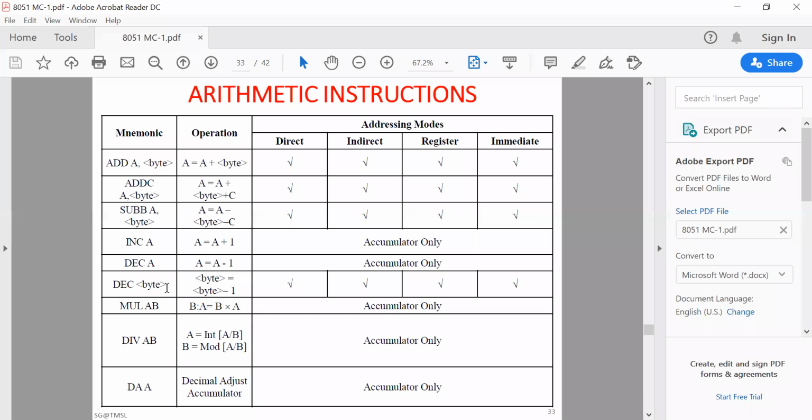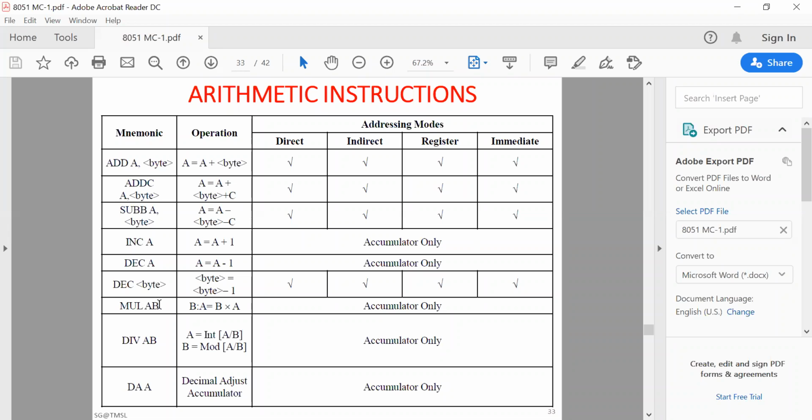MUL AB means you can implement the multiplication between A and B register only. No other register can be involved in this case because these are fixed by Intel. So always the multiplication will be performed between A and B, and the result may be 16 bit, may be 8 bit, whatever. If it is a 16 bit result, then the lower 8 bits will be stored inside A, and the upper 8 bits will be stored automatically inside B register.